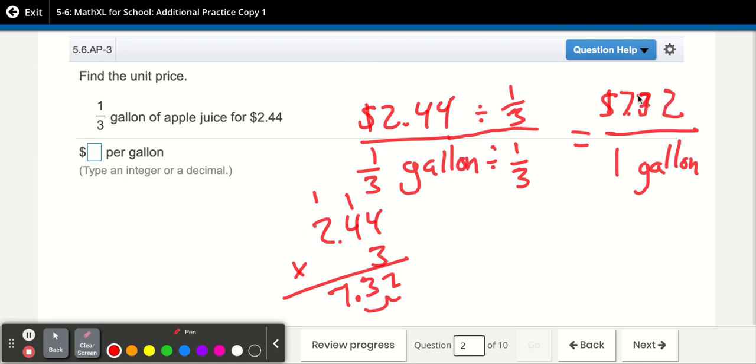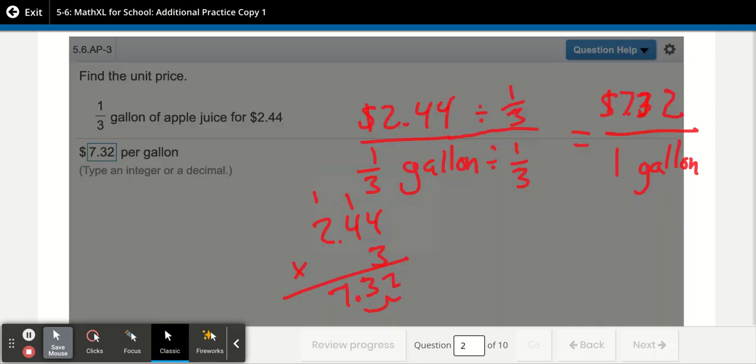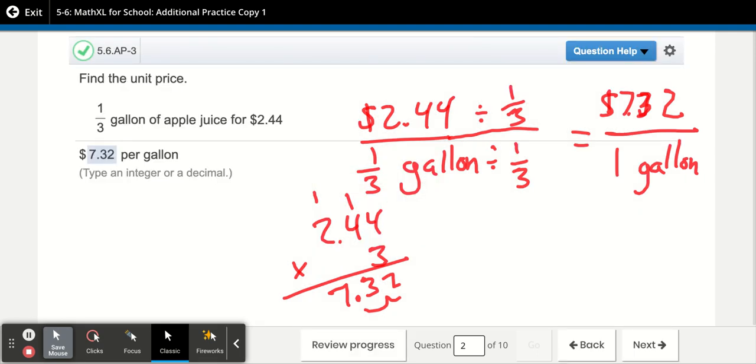Oh, that's a 3, if you can't tell. $7.32 per 1 gallon, or per gallon. When it says over 1, you can just say per that unit. So in this case, per gallon. That already gave us a dollar symbol, so we just need to type 7.32. Check our answer. Nice. No multiplication mistakes there. And we then move on to our third example.